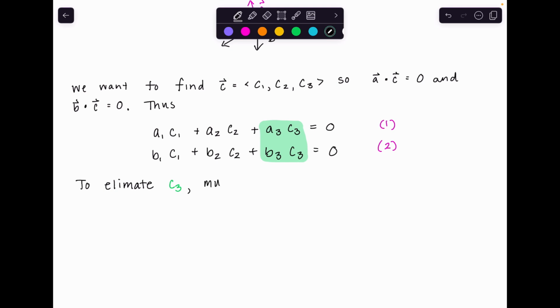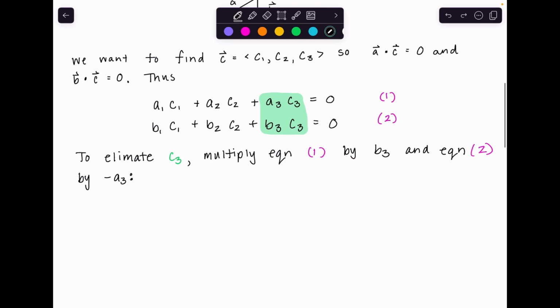So we're going to multiply equation 1 by B3, and then we're going to multiply equation 2 by negative A3. Because that will give me B3 here, and A3 out front but with a minus sign, so they will be exactly the same coefficient, but with opposite signs.